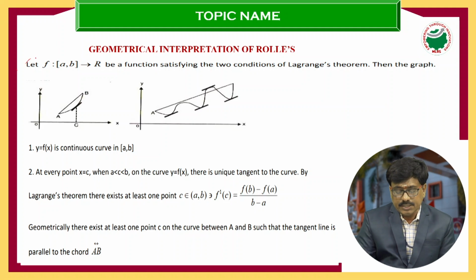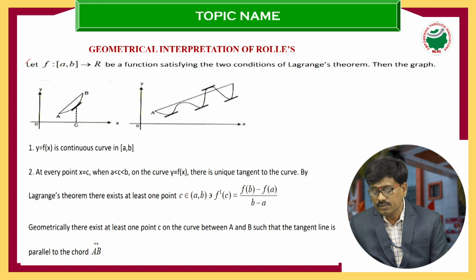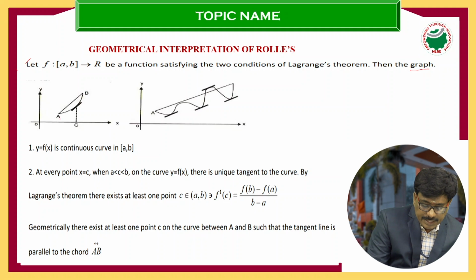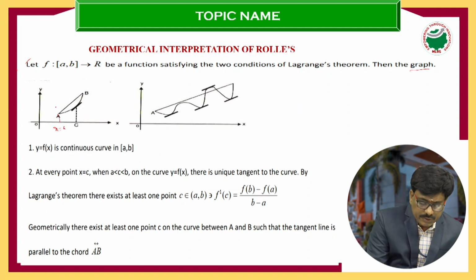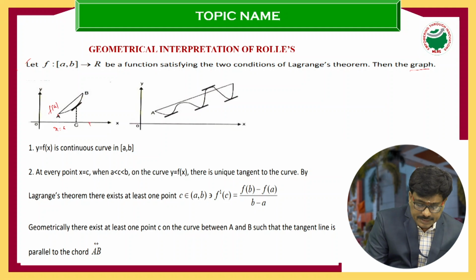Let f be a continuous function satisfying Lagrange's mean value theorem, in its graphical representation. We take x equal to a at this particular point. At the point x equal to a, what does it represent? f of a. We define one point b here.